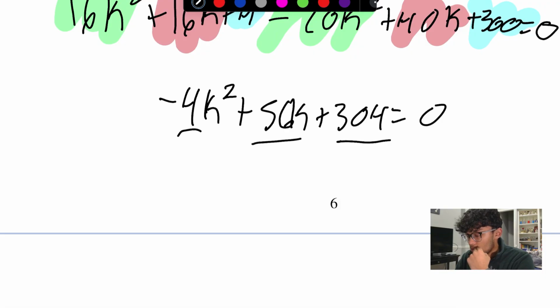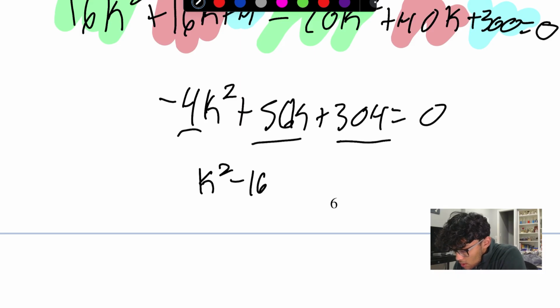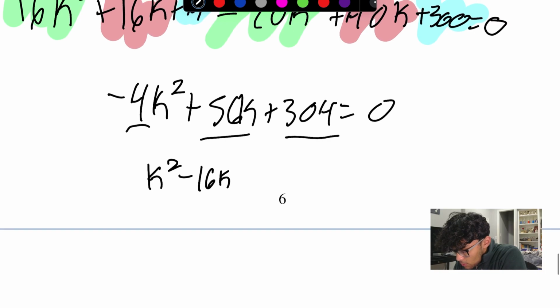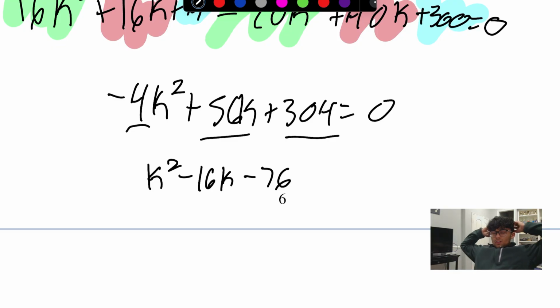So k squared minus 16k, wait, let me, I might be tweaking. Wait, it's not 16. I don't know why I'm tweaking. 16k plus, or sorry, this is minus 76. Okay, I'm tripping.